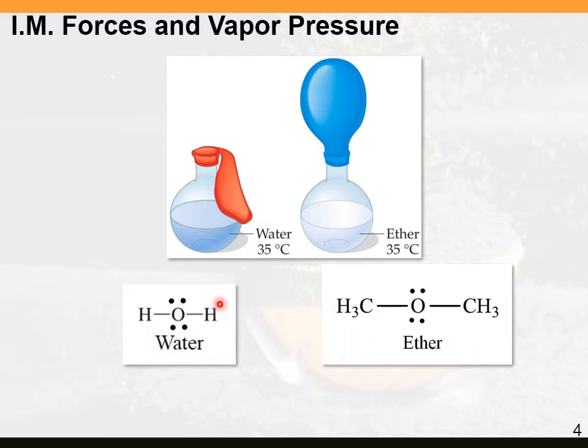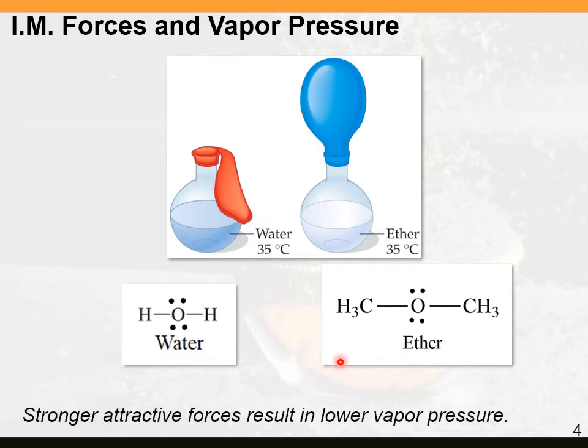Water can make hydrogen bonds. But ether cannot make hydrogen bonds, has only dipole-dipole attractions. Hydrogen bonding in water is a much stronger intermolecular force than the dipole-dipole attractions observed in ether.